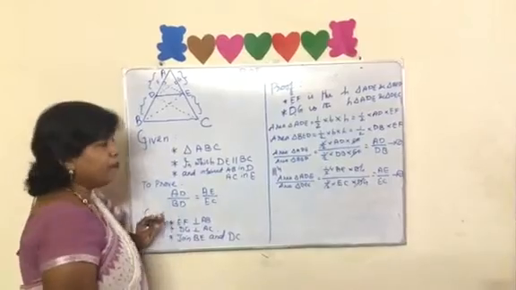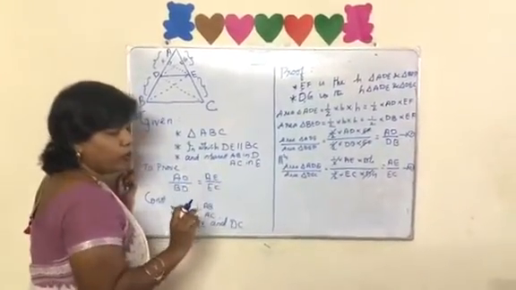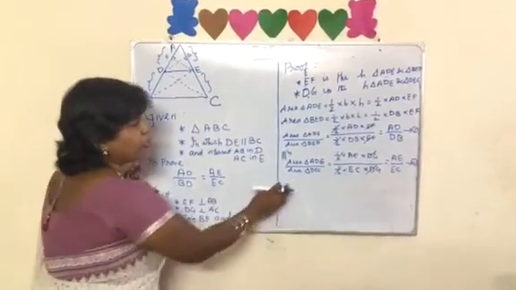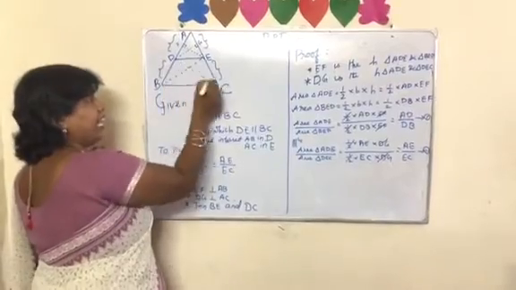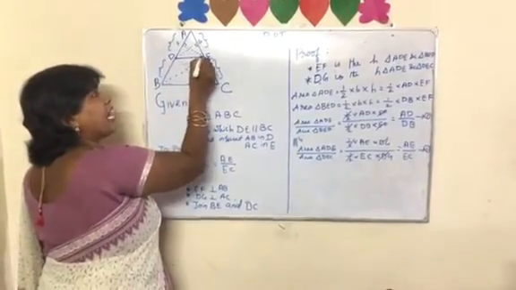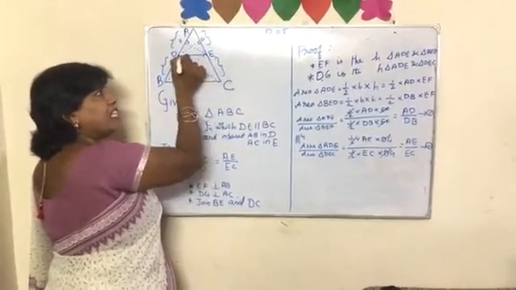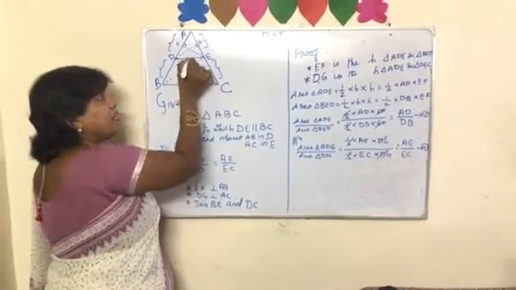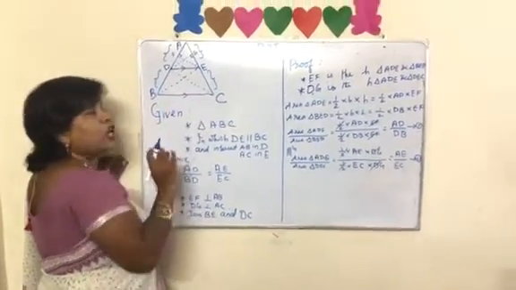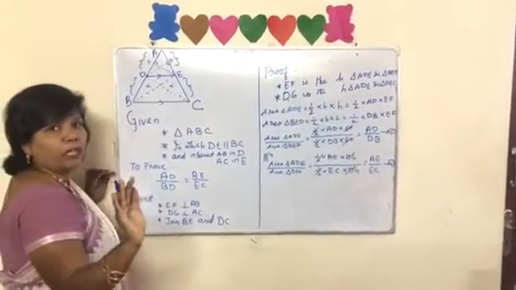The final thing, from 1 and 2, I am going to say shortly because I don't have space. BED and DEC have the same base DE, and lie between these two parallel lines. So the areas of BED and DEC will be equal.